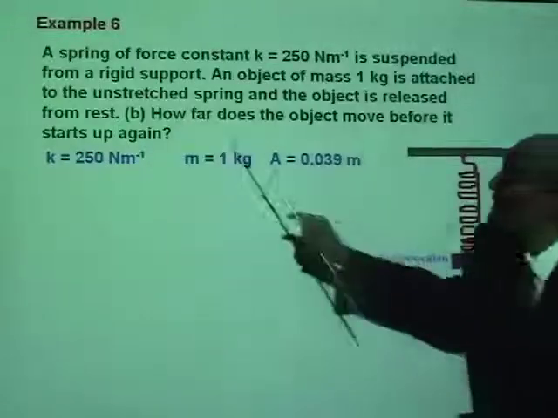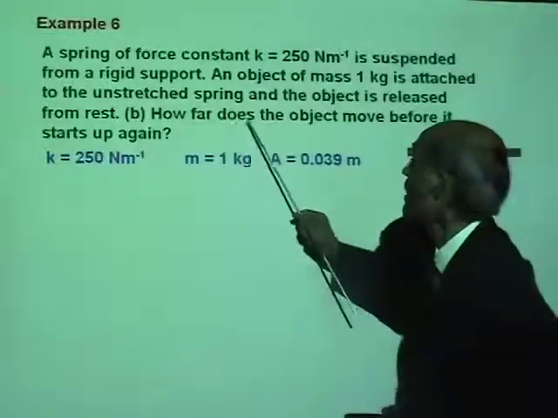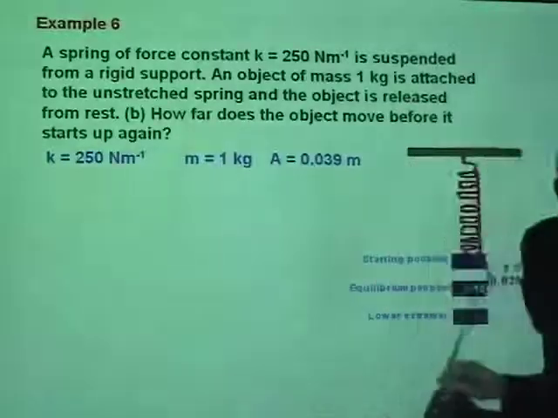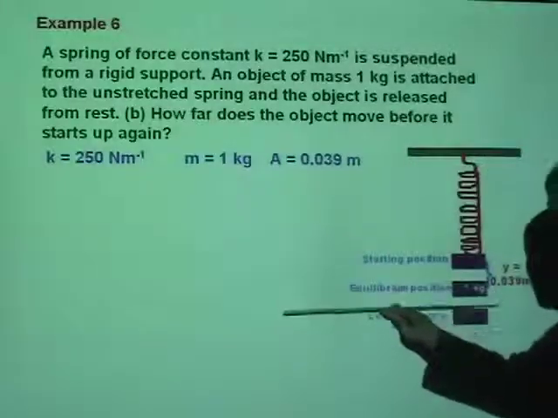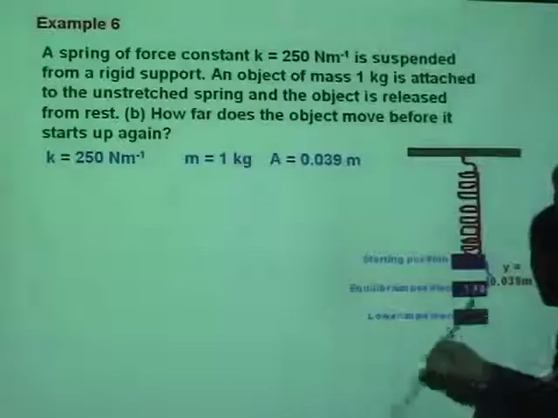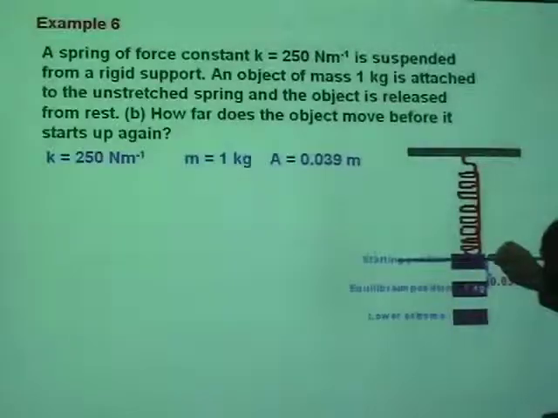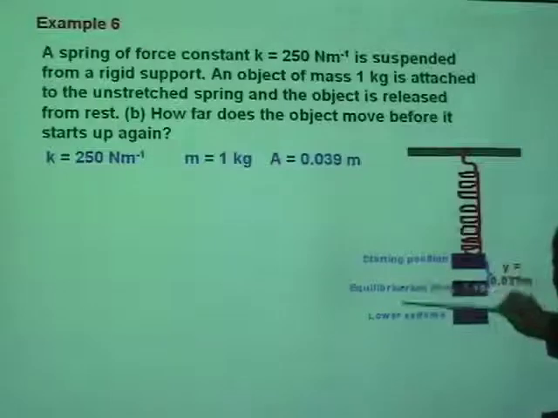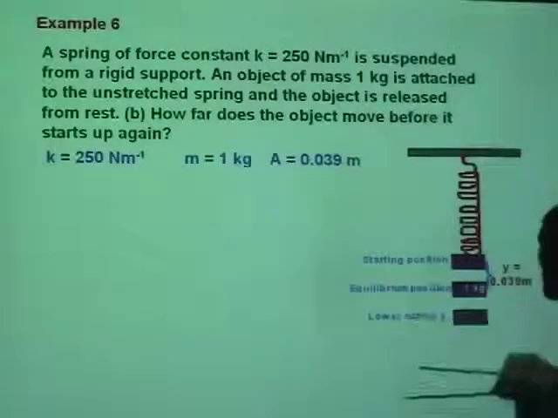Alright, now look at the B part. How far does the object move before it starts up again? In other words, what is the distance it will go down? What will be its distance from the starting position to the lower extreme?